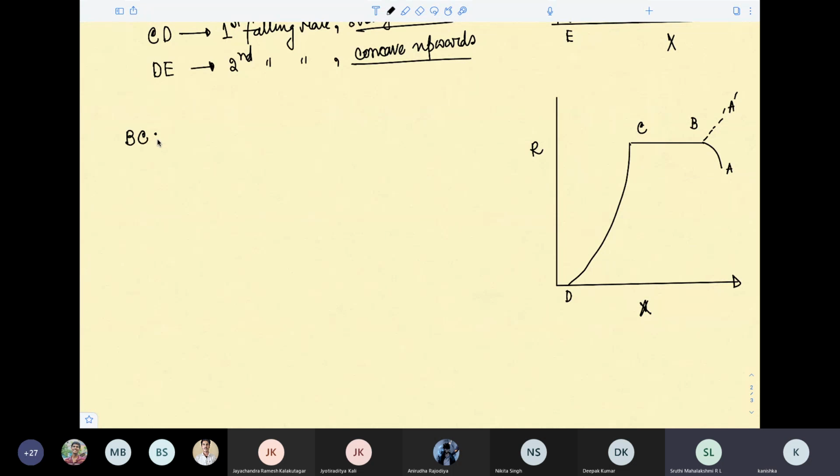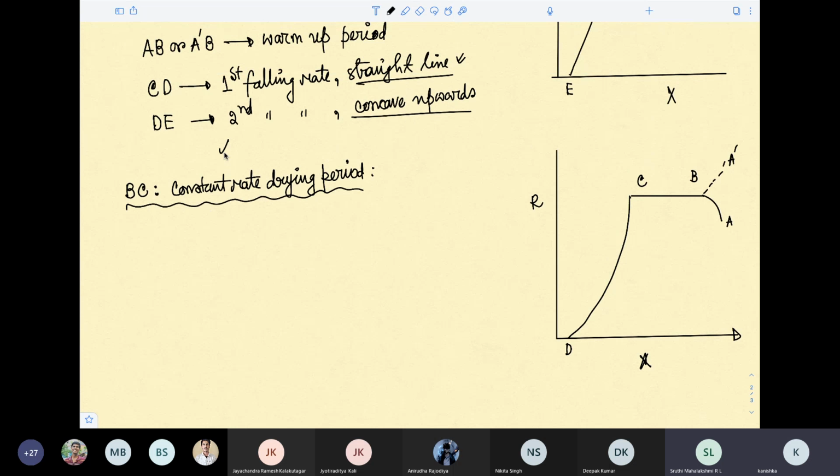B2C is the constant rate drying period. Rather, I would write it over here: description of drying region.